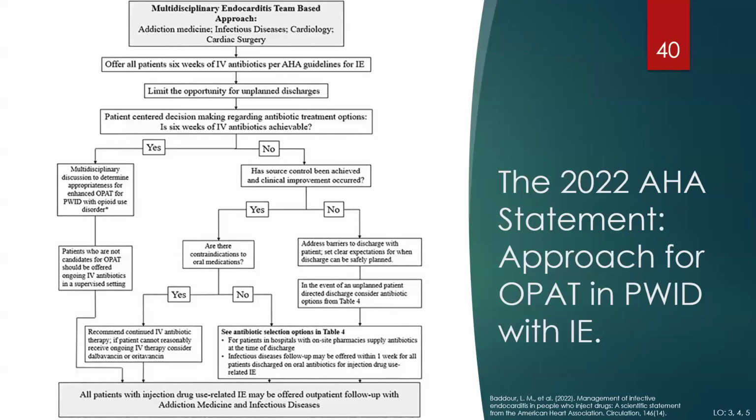They give this fancy flow chart to help providers go through it: offer all patients the IV medication, limit unplanned discharge, and then use a patient-centered decision-making model. Patients who are not candidates for OPAT should be offered ongoing IV antibiotics in a supervised setting in the hospital or outpatient facility. And if they aren't eligible for IV antibiotics, they can take either injectable antibiotics or oral medications.